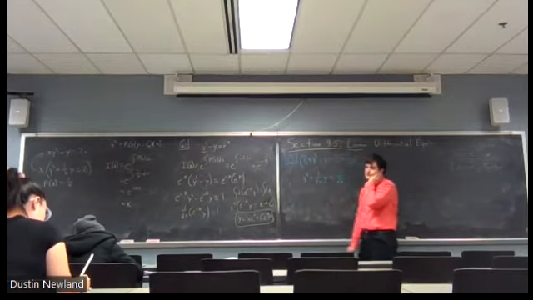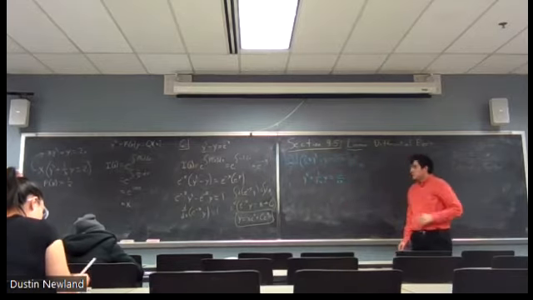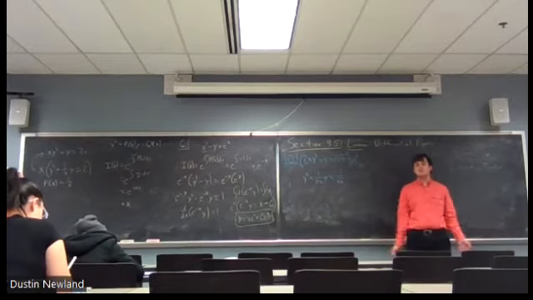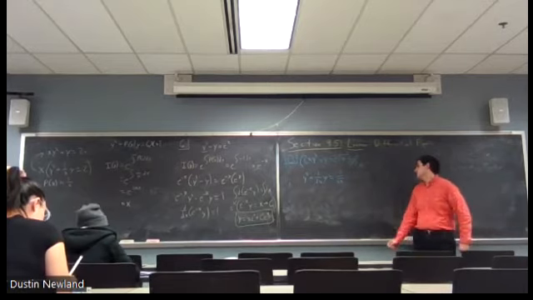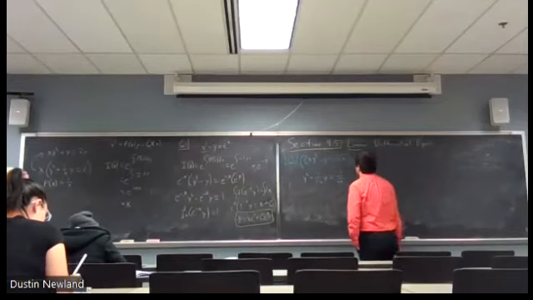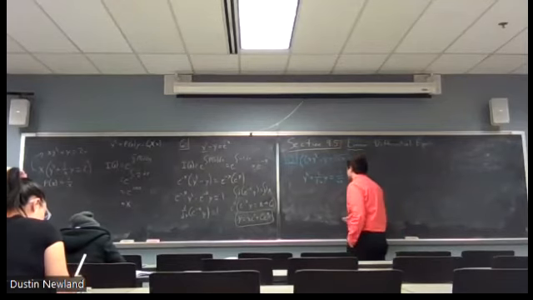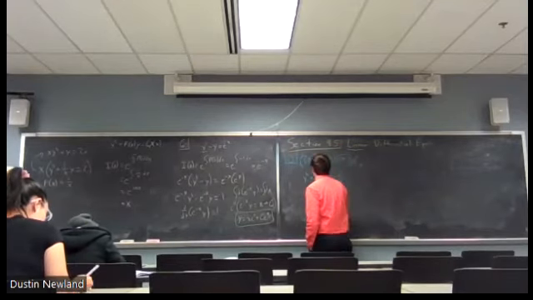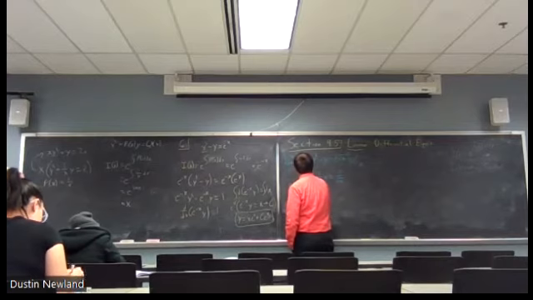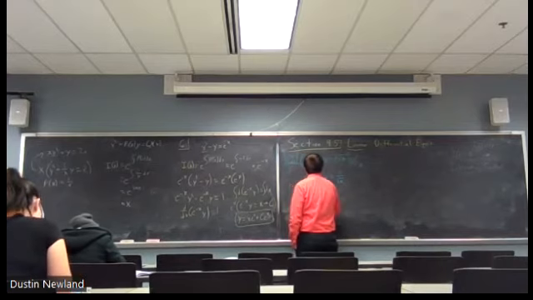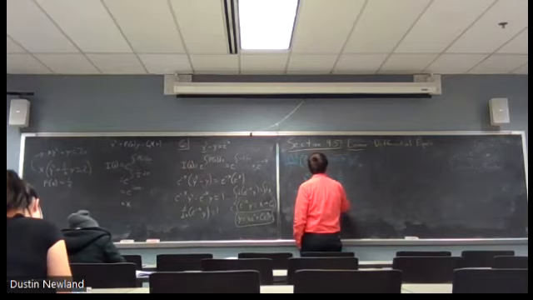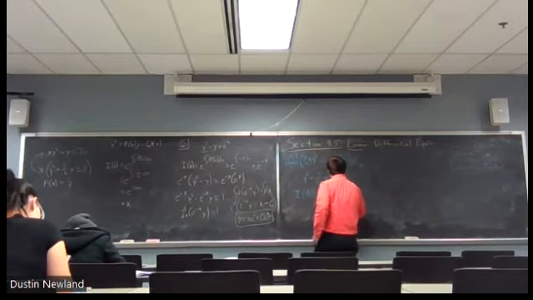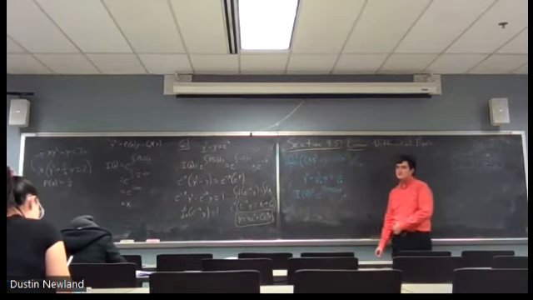Good. Okay. Now we can do our steps of finding the integrating factor and solving this. So let's do that. We need to find I of x, e to the integral of p of x dx.